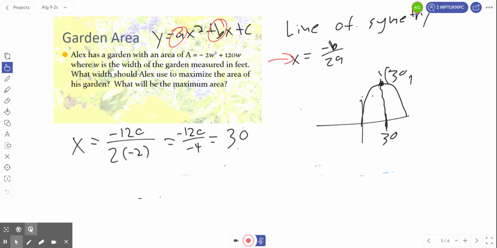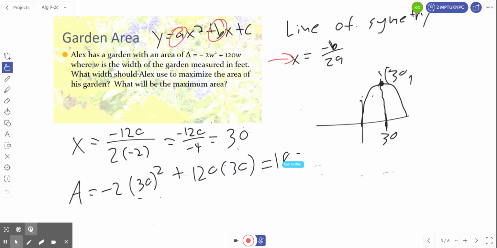And the area at that point will be given when we put 30 back into our equation. A equals negative 2 times 30 squared plus 120 times 30. And when we plug that into a calculator, we get 1800.